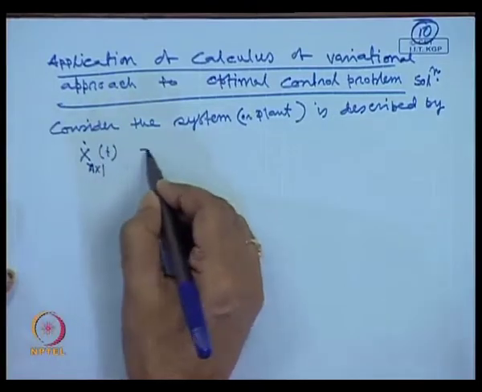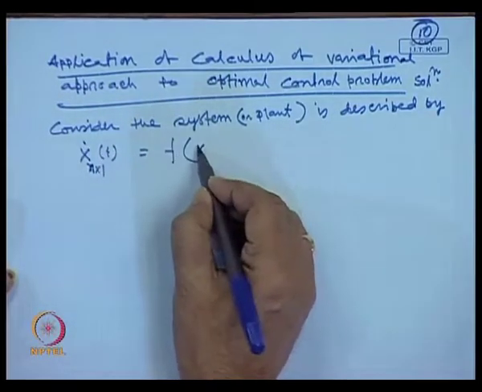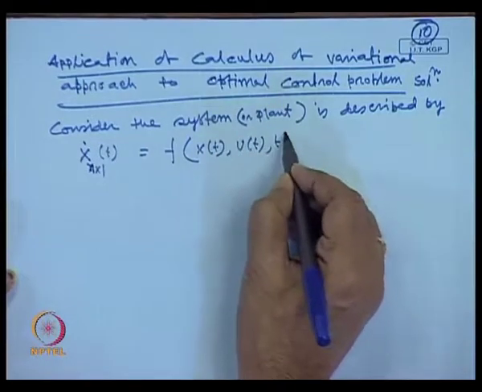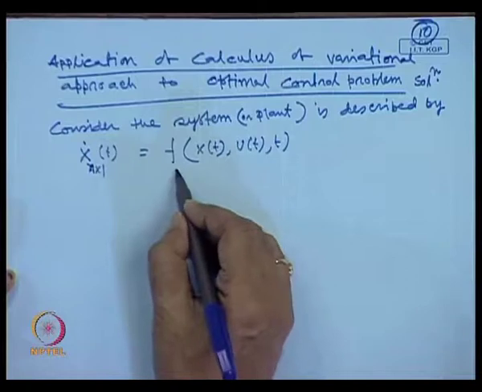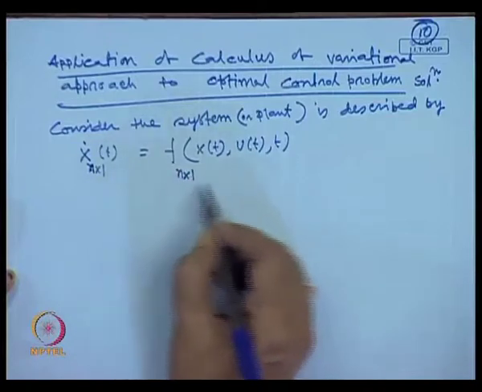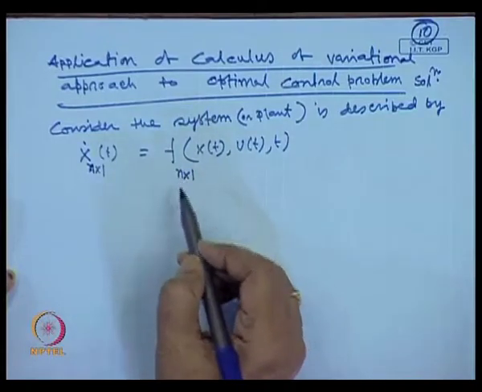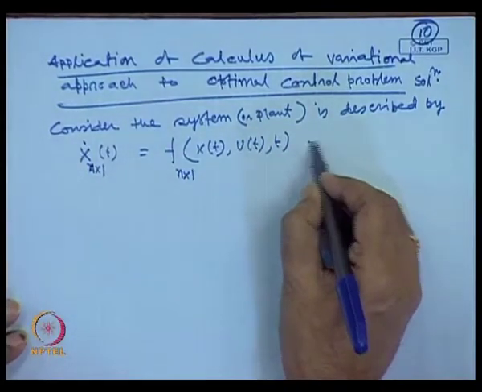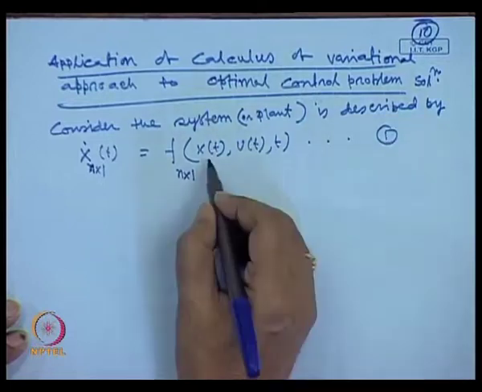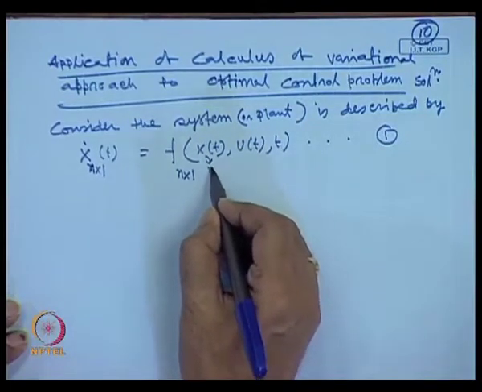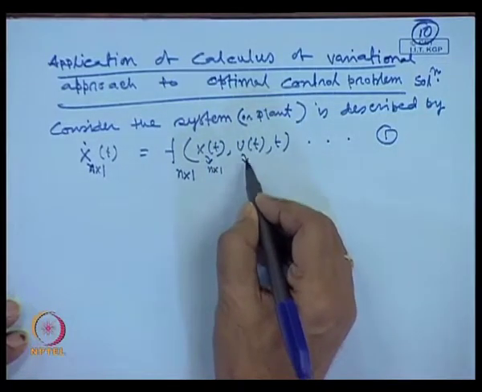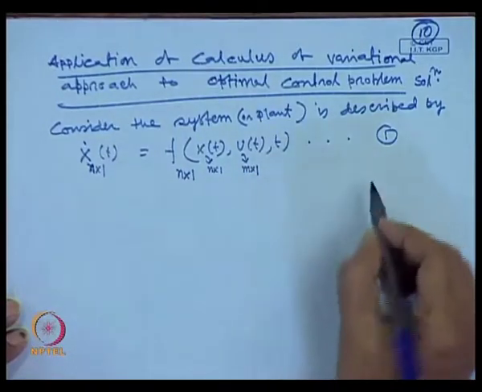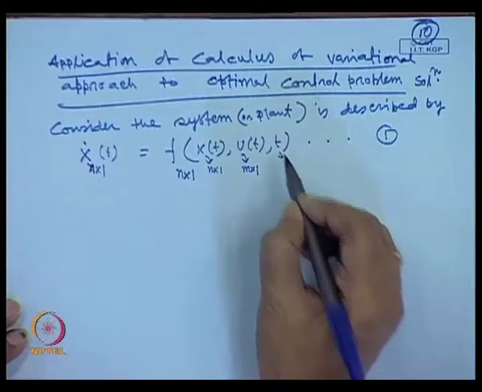That is a function of x(t), u(t) and time. This function also has n components, it is a vector. Let us call this equation number 1. The vector dimension is n cross 1, and we assume that we have m inputs to the system, and this is the time.